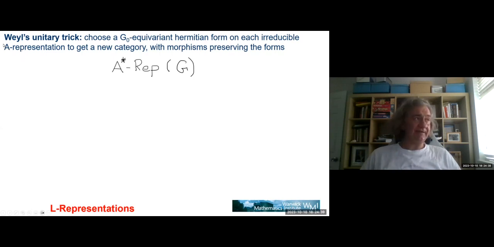So this is an antilinear representation of this graded group. And for each antilinear representation, we can choose G0 equivariant Hermitian form on each irreducible representation. And then we have this new category of representations of G with this form, and the form is preserved, call it A star rep.